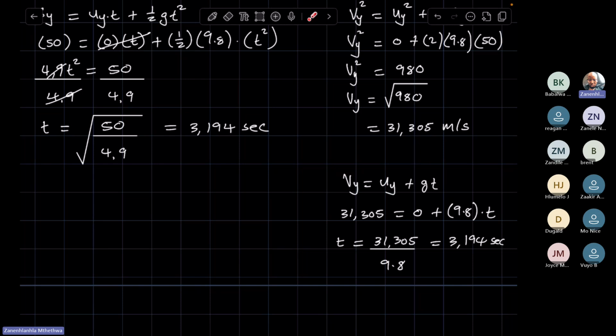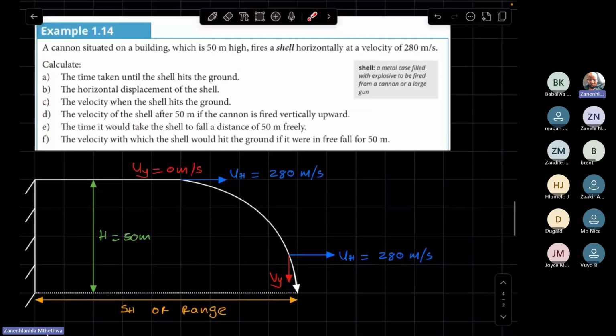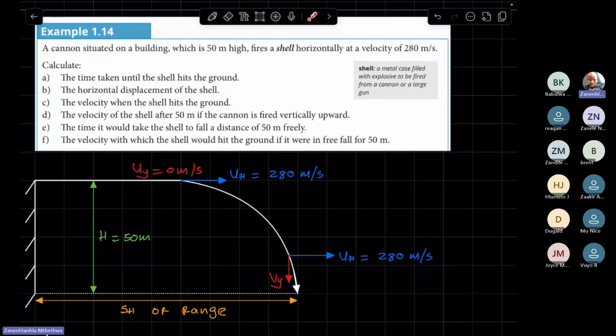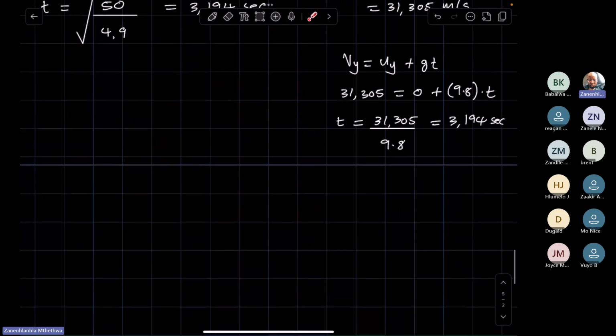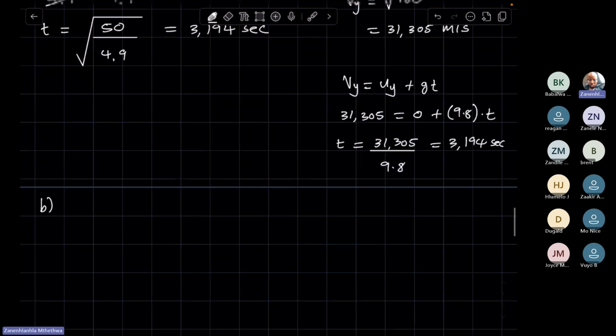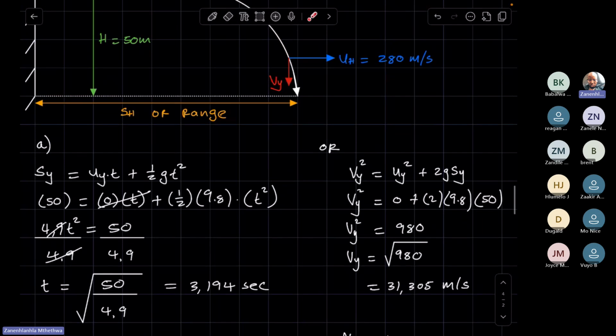All right, now let's look at B. Calculate the horizontal displacement of the shell. For B, they want us to calculate the horizontal displacement of the shell. So that's the range, and as far as the range, by now you should know there's only one formula that we use along the range.